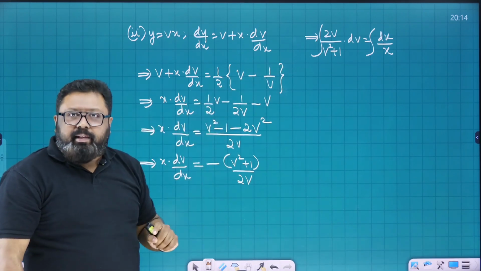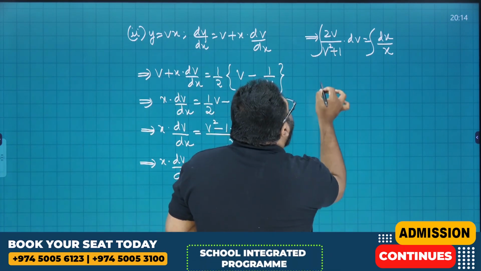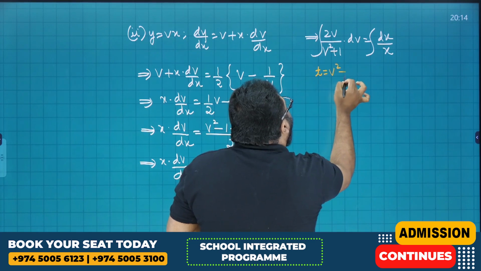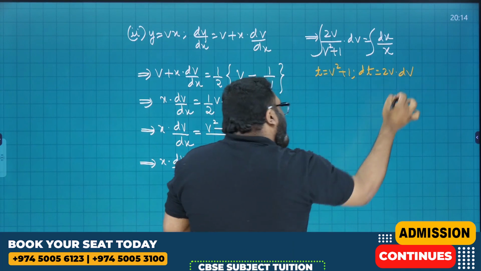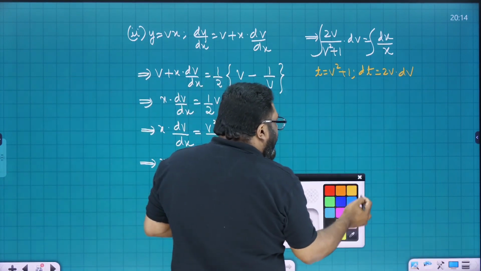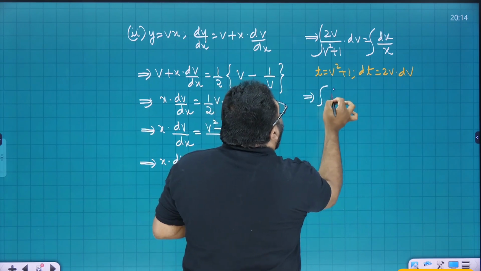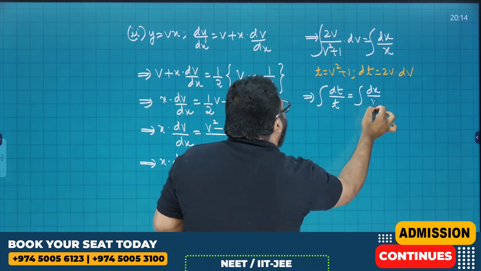Substituting v squared plus 1 as t, the derivative is 2v, my dears. So t is equal to v squared plus 1, and the derivative of t is 2v dv. Similar type, that's why I'm just simply writing it and going. So the answer is going to be integral dt by t equals integral dx by x.